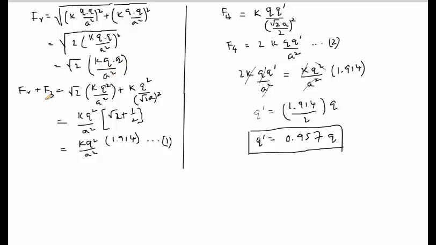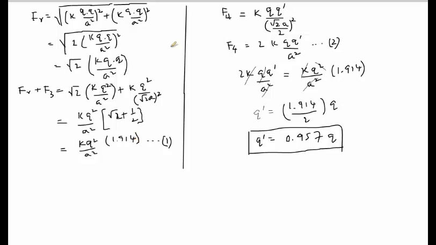Fr plus F3 we obtain by adding the force F3, which is k q squared divided by square root 2a, the distance between the third charge and the first charge. That gives k q squared divided by a squared into 1.914.